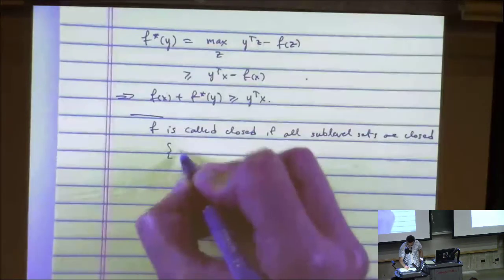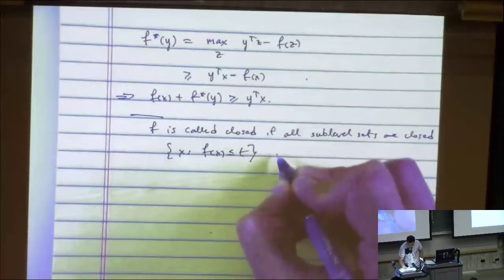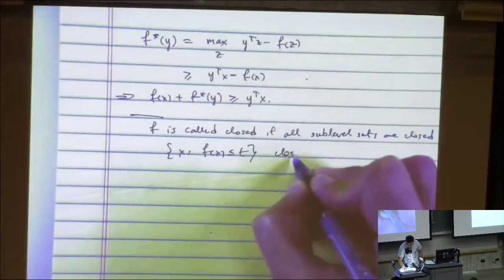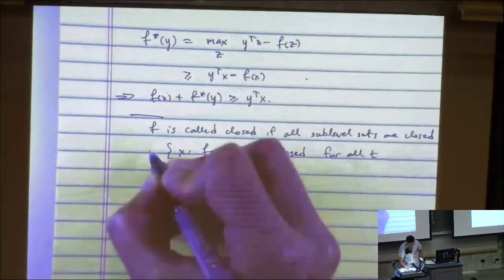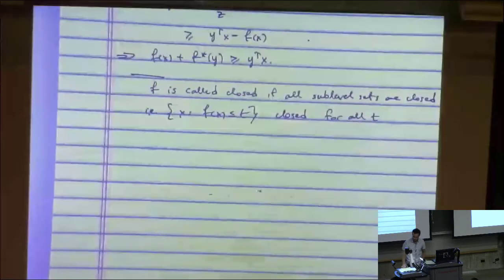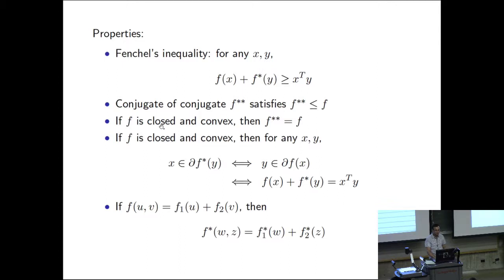So if we look at the set of all x for which f of x is less than or equal to t, this must be a closed set for all t. That's one way of defining closedness of a function. But almost every convex function that you will know is going to be closed. So this just excludes a very small number of functions.